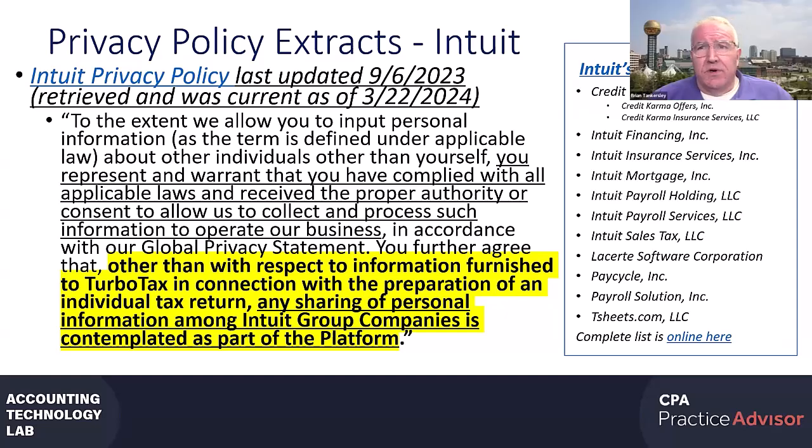And I will say the one that's really the salt in the wound for me is the payroll services here. The Intuit payroll in particular really makes me nervous, because if I'm doing payroll for a client, let's say I'm using Intuit's payroll, and that information on the employees gets out to the public, I don't have a contractual relationship with the employee, and in my contractual relationship with the client, I may not have said anything about Intuit sharing of data.